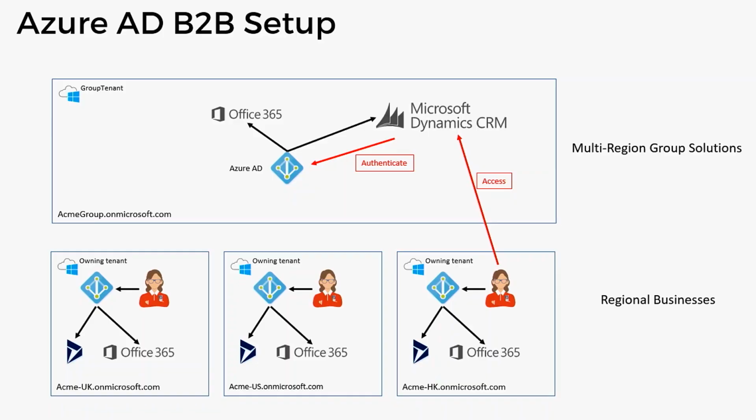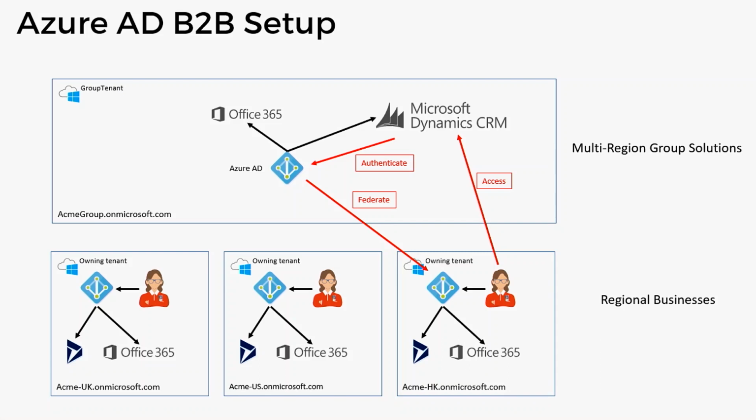The authentication process would push them back to the group level Azure Active Directory, but that would recognize that the user actually lives elsewhere, and it would federate back to the local tenant to authenticate them. So the security, like password changes, joiners and leavers, is managed regionally, but we can still allow these people into the group level solutions that we built. That's a really good scenario that Microsoft empowers for us, so we can build lots of solutions following this model.